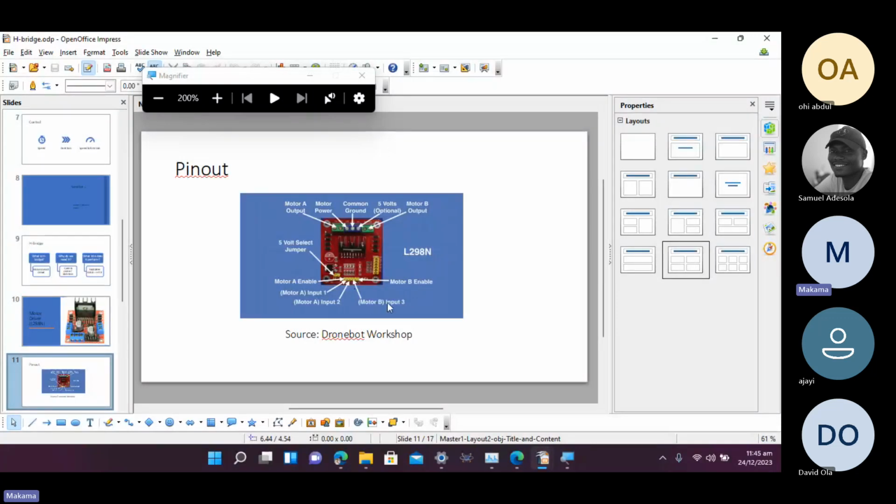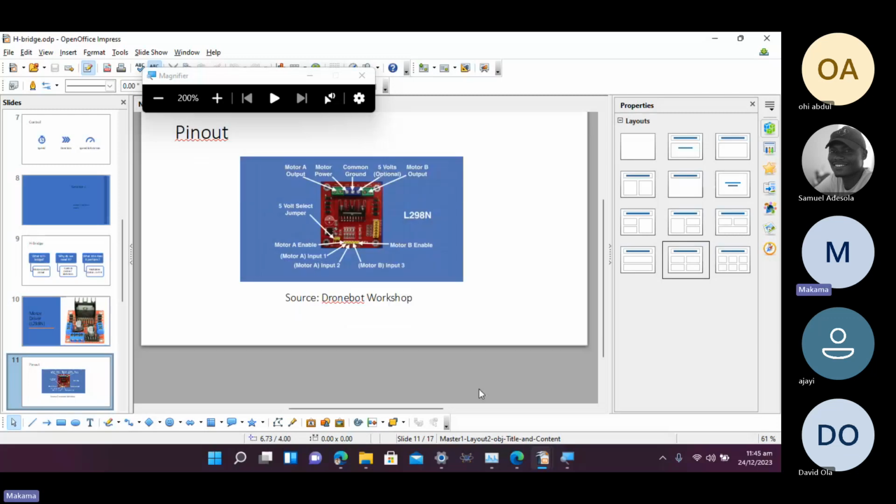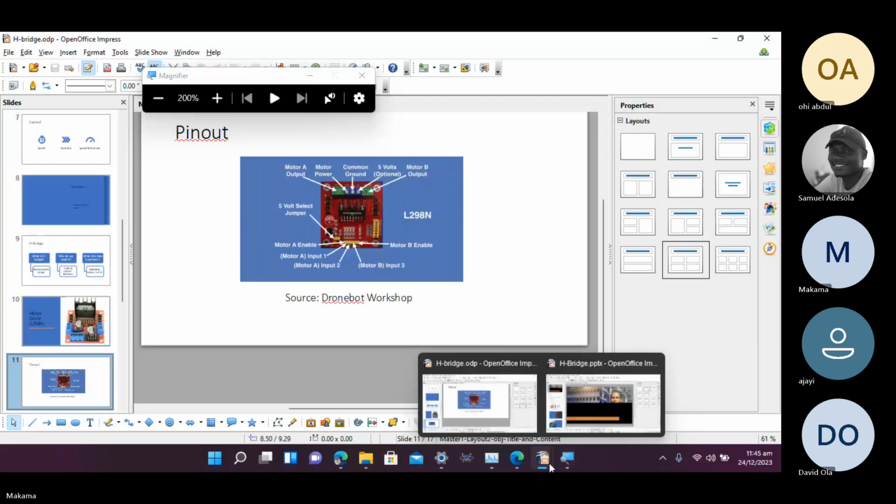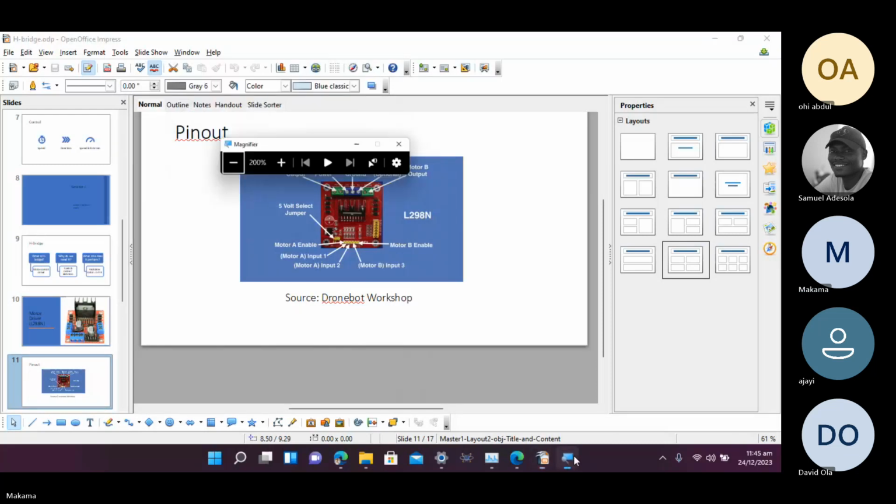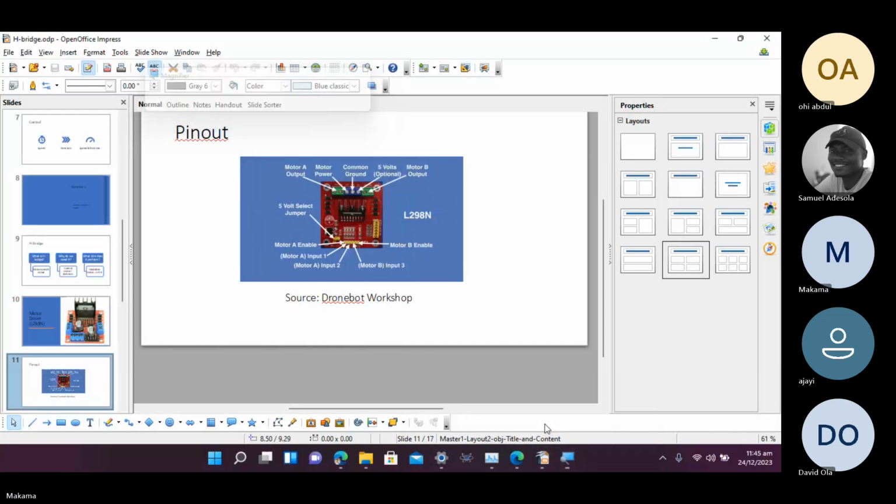We have the motor B input 3 and we also have the motor B input 4. Then we have the motor B enable. So that is the pin out of the driver.